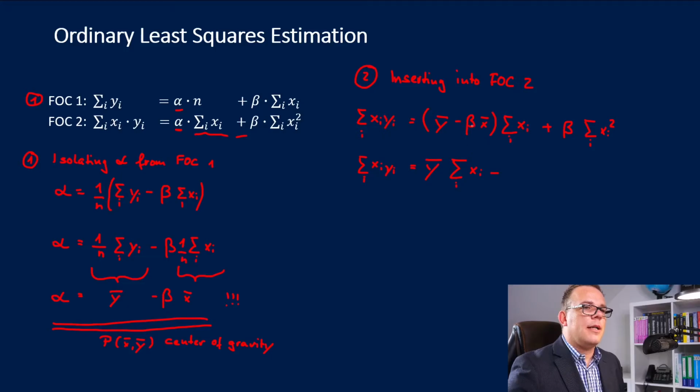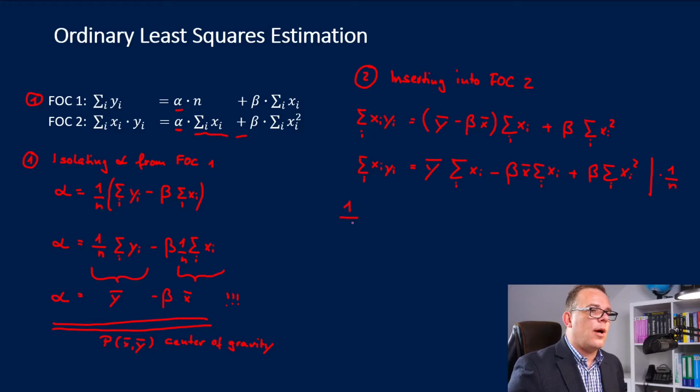We have minus beta x bar times the sum across all i xi, plus beta times the sum across all i xi squared. Now the idea is to implement this 1 divided by n simply by multiplying all the terms, both sides, by 1 divided by n.